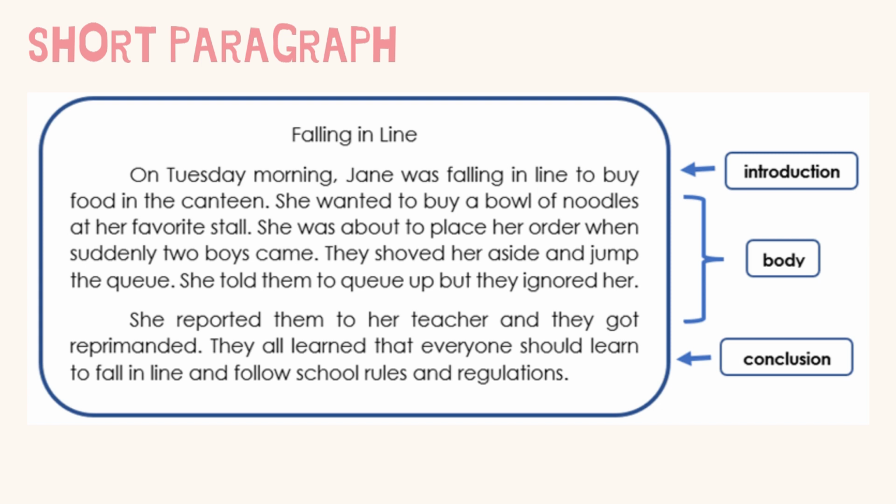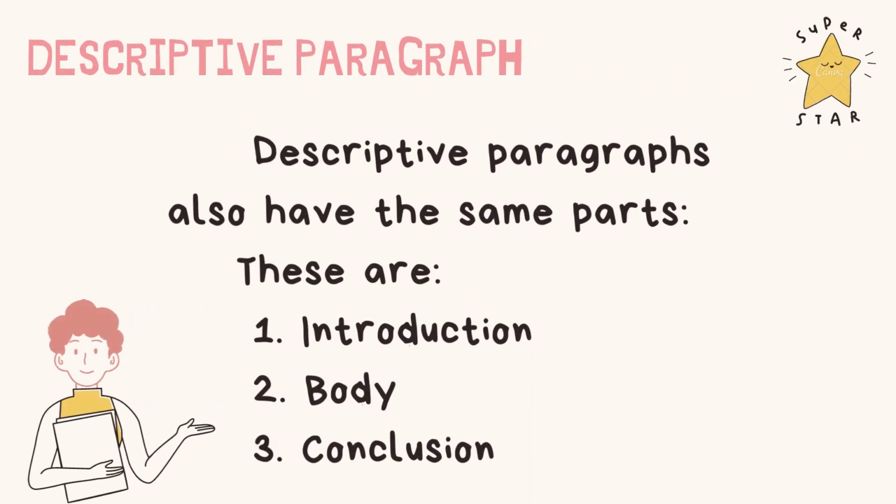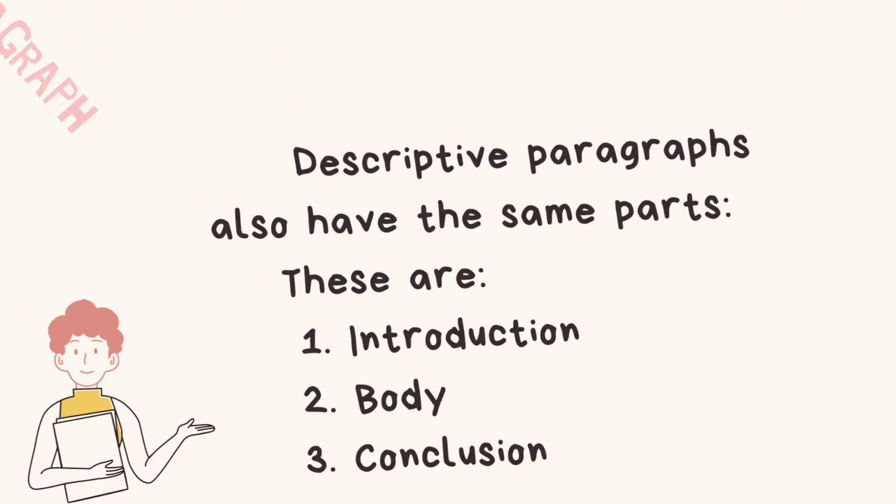So there you have it. That is an example of a short paragraph. Let's now move on to another type of paragraph, and that is a descriptive paragraph. These descriptive paragraphs also have the same parts with that of a short paragraph. And again, the parts are introduction, body, and conclusion.